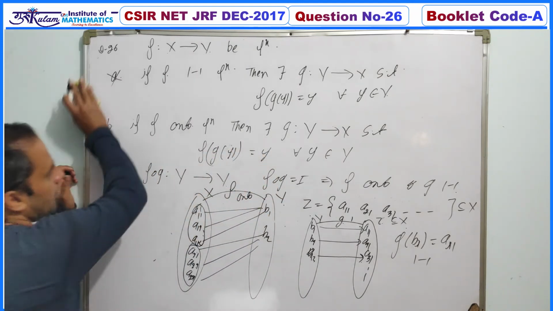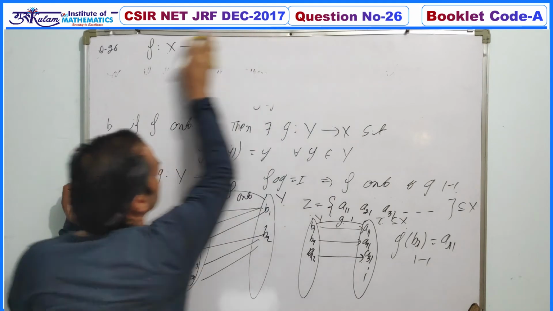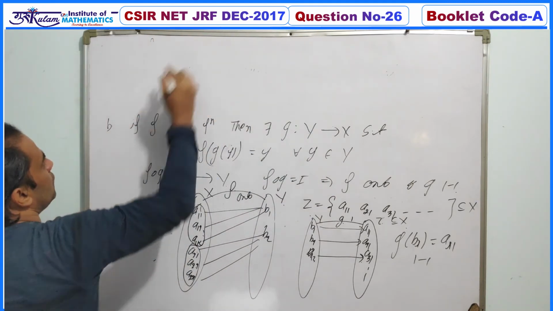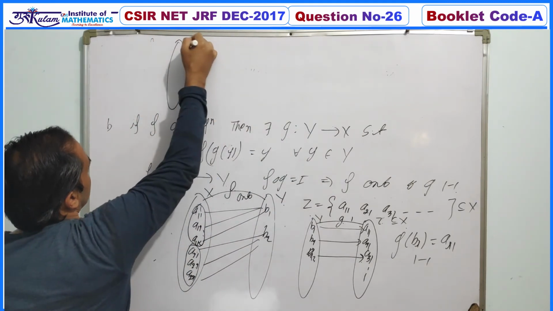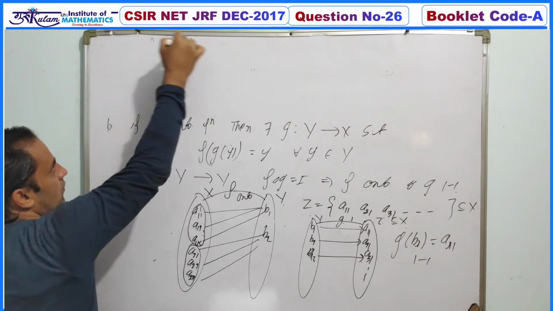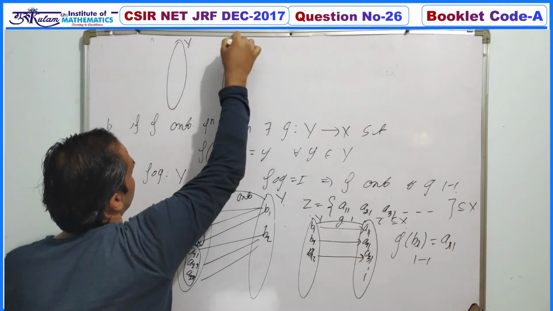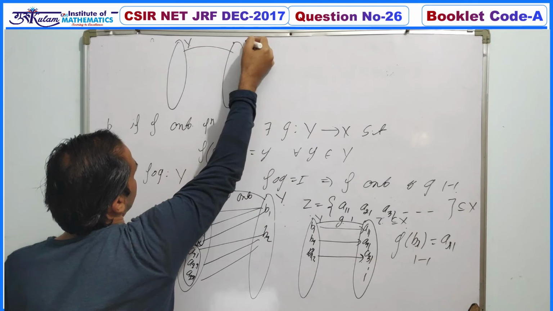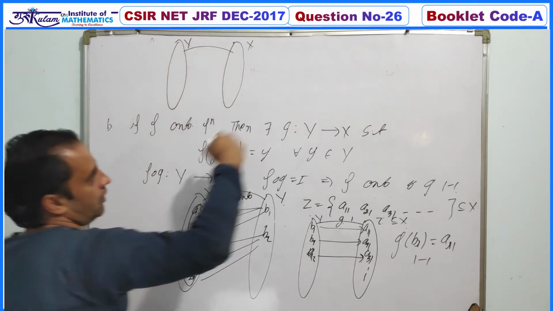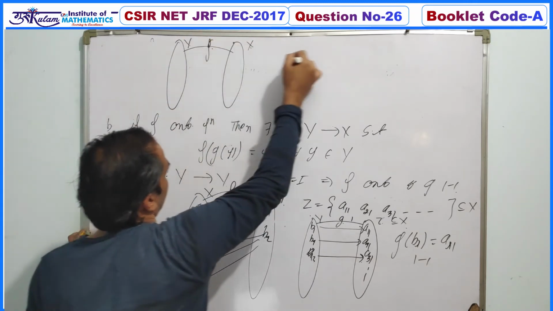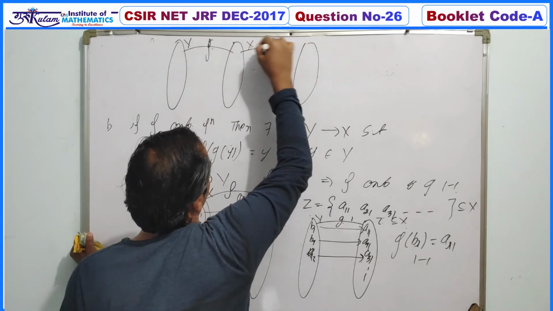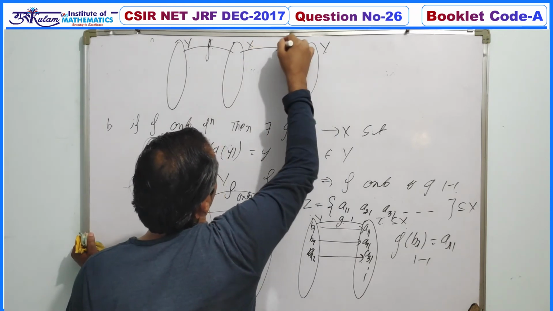Now if we take f of g, first g is defined from y to x. So this is the g function, and then f is defined from x to y.